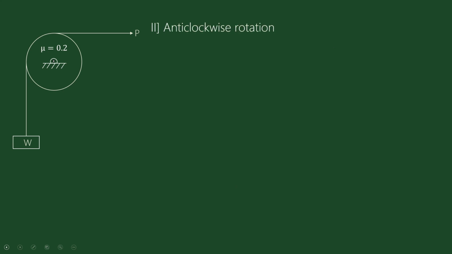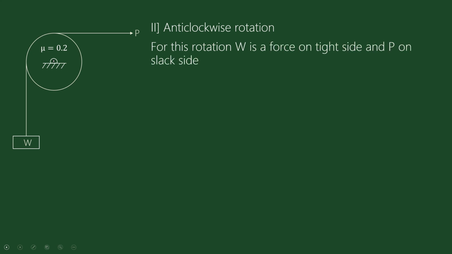Now, when we take anti-clockwise rotation, W will become a force on tight side and P is on slack side. It means that whenever W is on tight side and P is on slack side, W must be greater than P, and therefore, as per our notation, T2 is equal to W, T1 is equal to P, mu beta remains same.